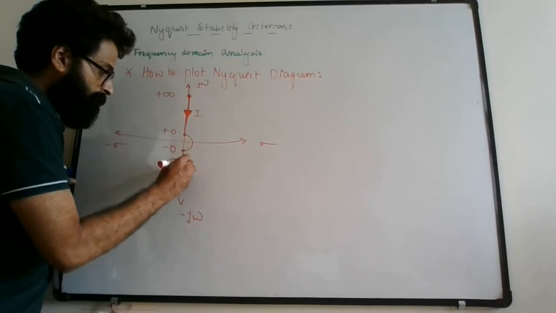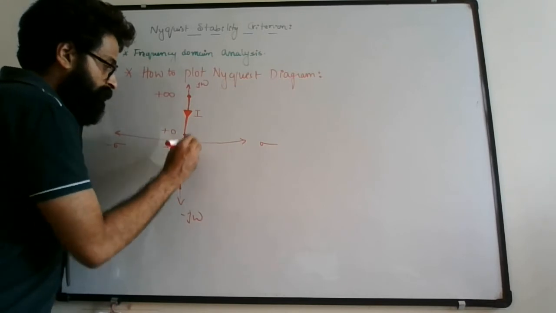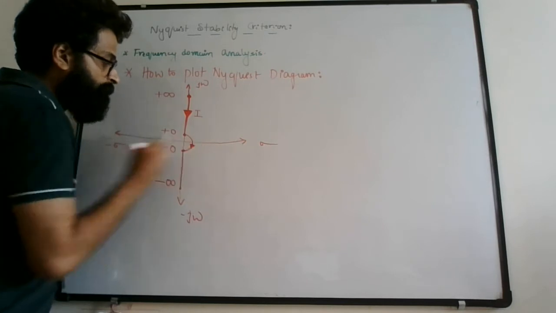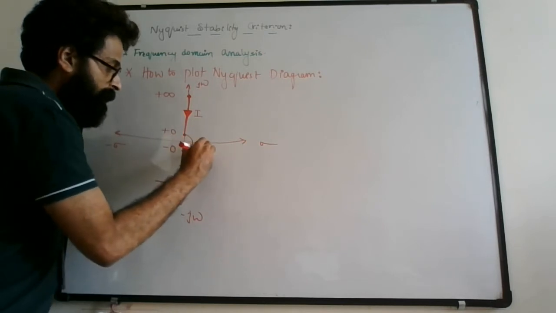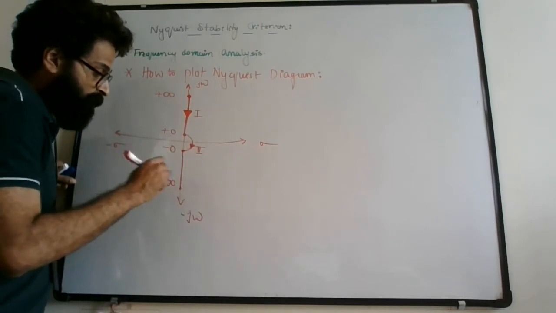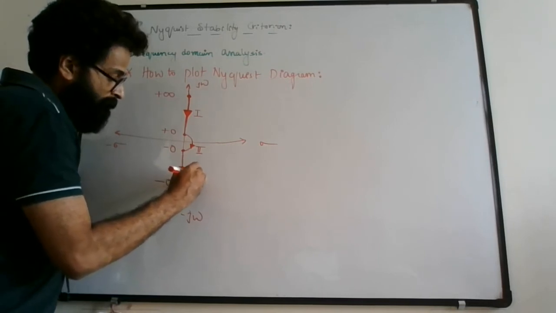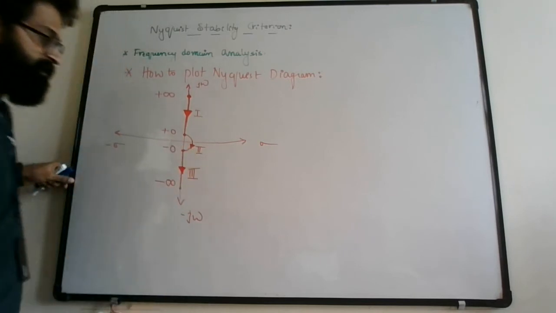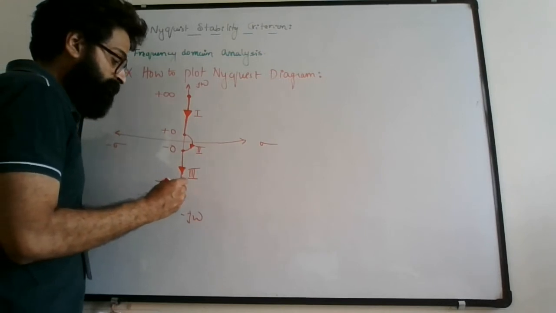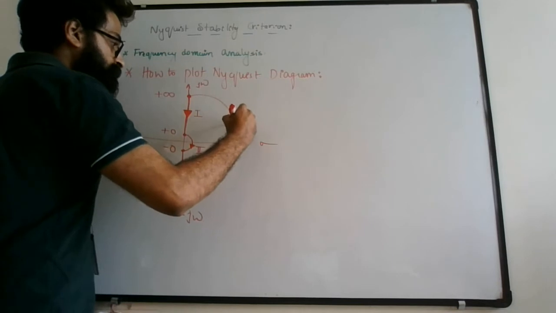From minus 0 to minus infinity, let us write. The variation of frequency from plus 0 to minus 0, let's take as section 2. The variation of frequency from minus 0 to minus infinity, let's take as section 3. And the final section is the variation of frequency from minus infinity to plus infinity. This is your section 4.